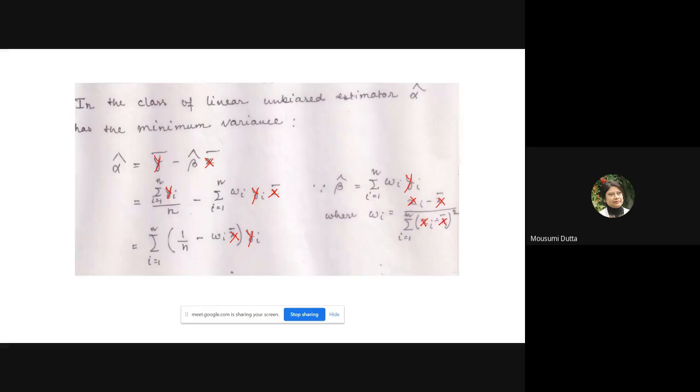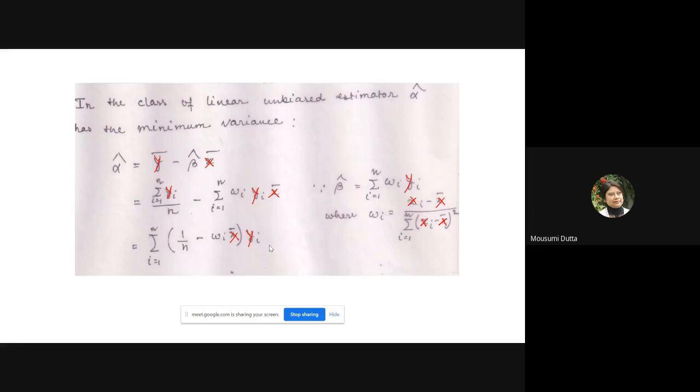In the next step, I'm taking Yi common and writing it this way: summation (1 by n minus wi X bar) into Yi.